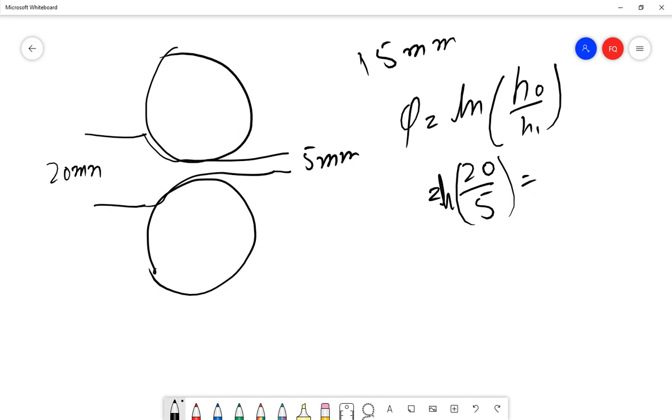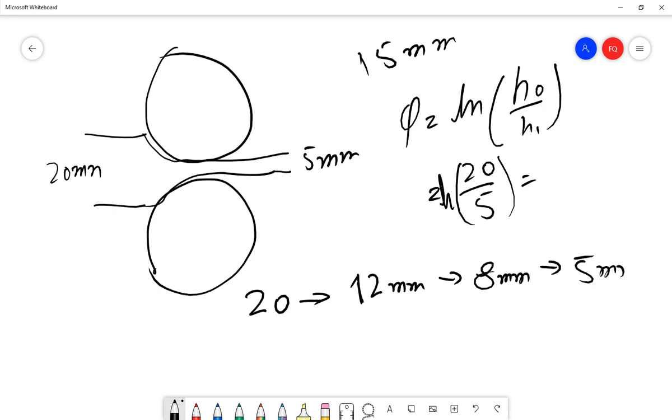Instead of doing this completely, we want to decrease the thickness in steps. So we can reduce this 20 millimeters to, let's say, 12 millimeters, and this 12 millimeters to 8 millimeters, and this 8 millimeters to 5 millimeters.